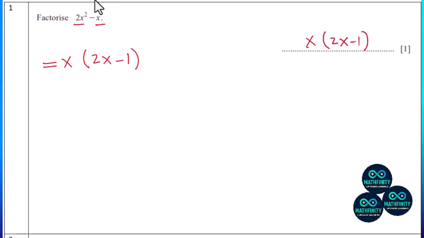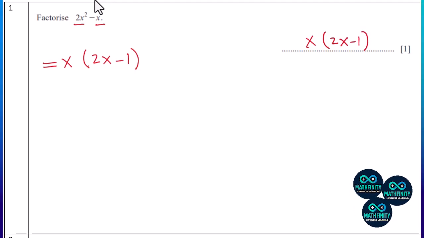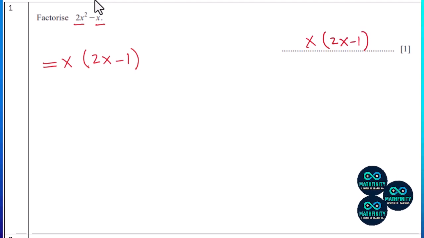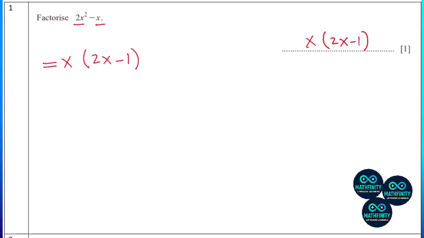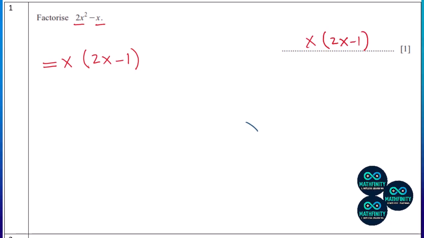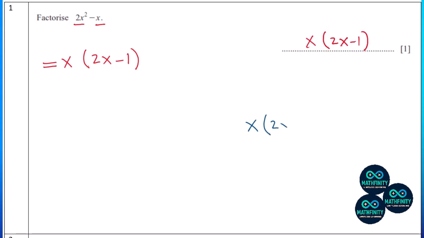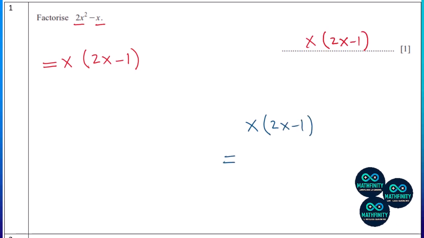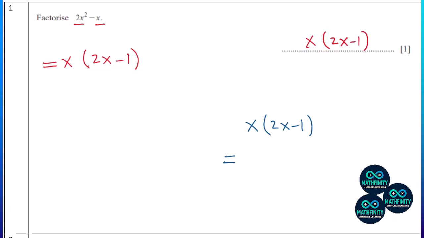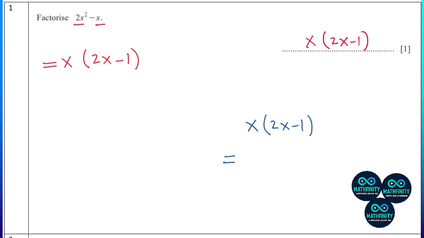If you want to check whether your factorized answer is correct or not, then you can do the reverse process. What is your factorization answer? x(2x minus 1). Expand the bracket, because expand and factorize are the reverse process of each other.